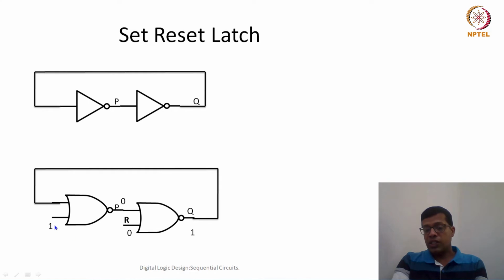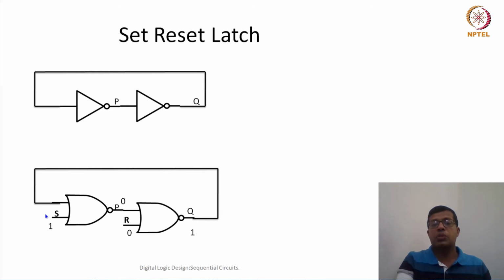So if I put 1 at the input of this NOR gate, then my output is 1. I can call this particular input set. The overall behavior would be: if set is 1, my output would be 1. If reset is 1, then my output is going to be 0.